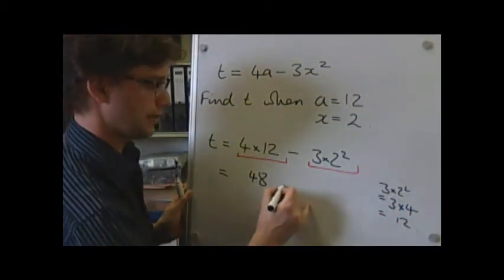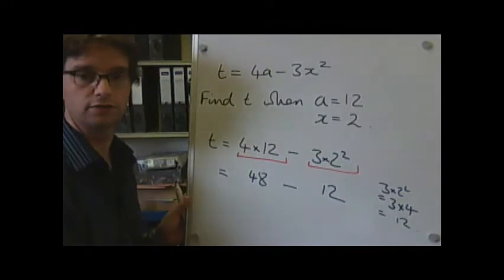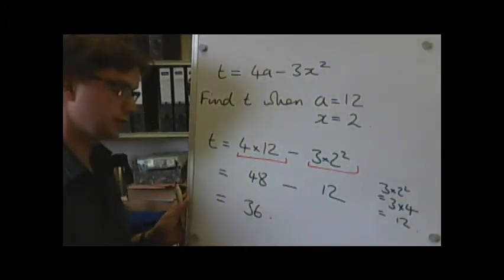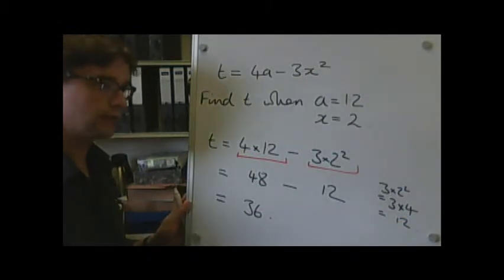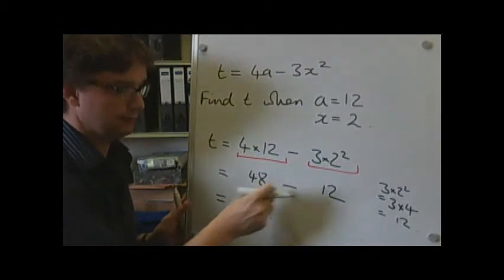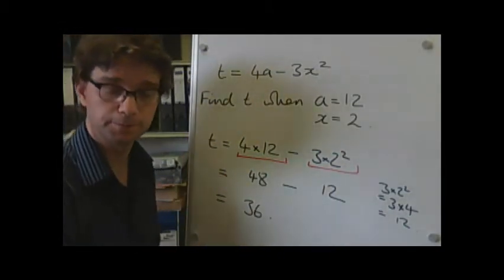So I've got 48 minus 12. So that is going to be 36. Okay. Two separate terms, evaluate them separately, and then subtract them from one another.